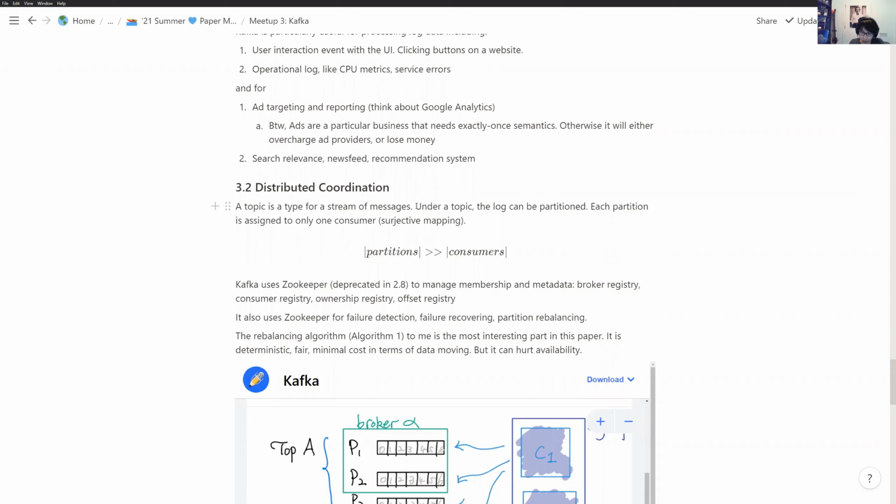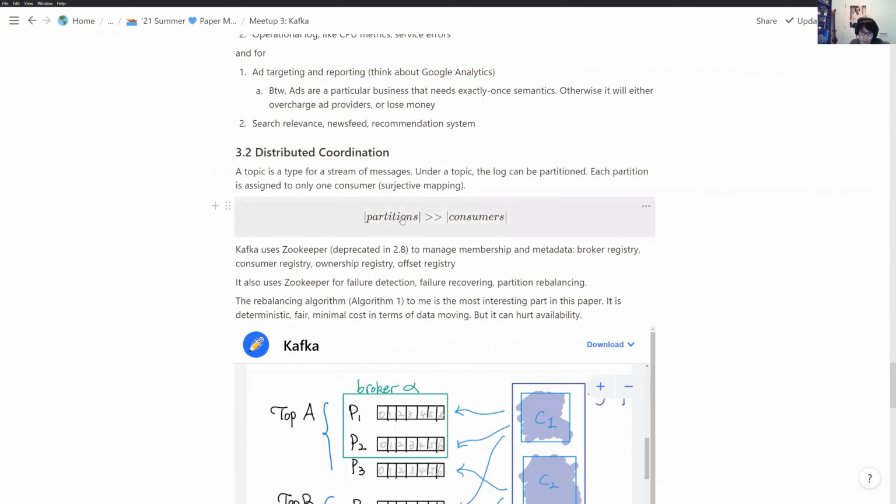And under a topic, the log can be partitioned into multiple parts. The system wants the number of partitions to be significantly bigger than the number of consumers. And each partition is assigned to only one consumer. So if you are a math person, you can think of it as a surjective mapping.